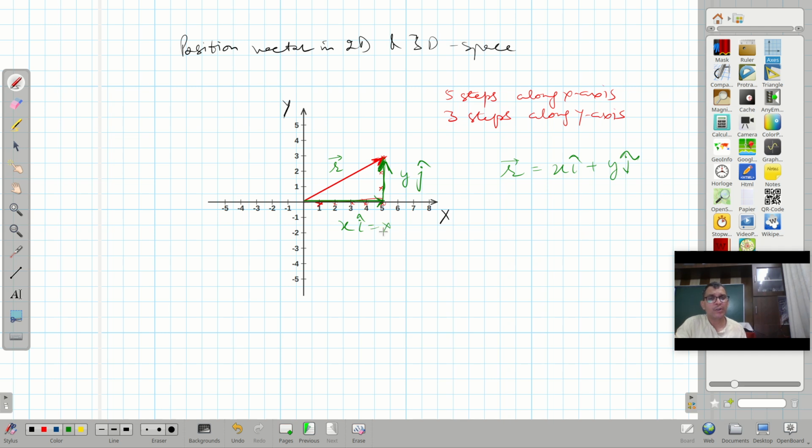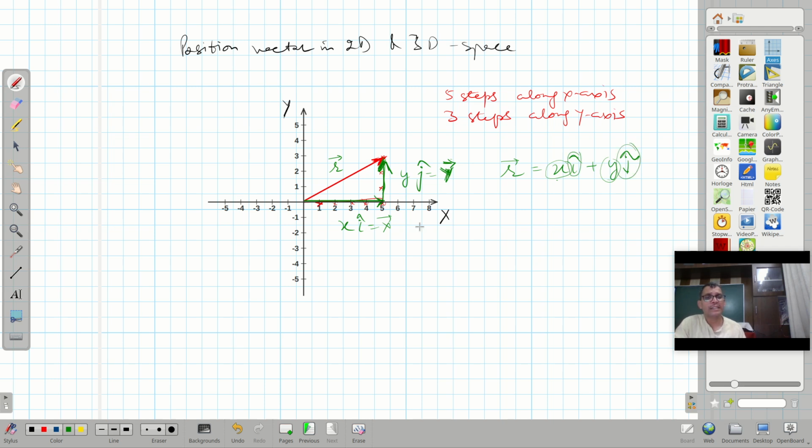Rather than calling it the x vector or the y vector, just for the sake of simplicity I can write it like this, because x represents how much I have moved along the x-axis, y represents how much I have moved along the y-axis, and i is basically the direction.